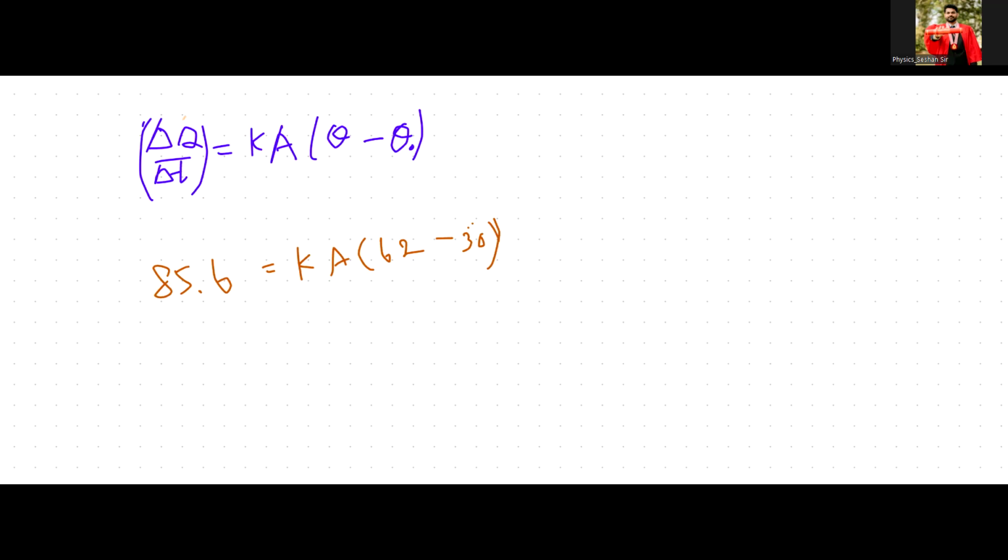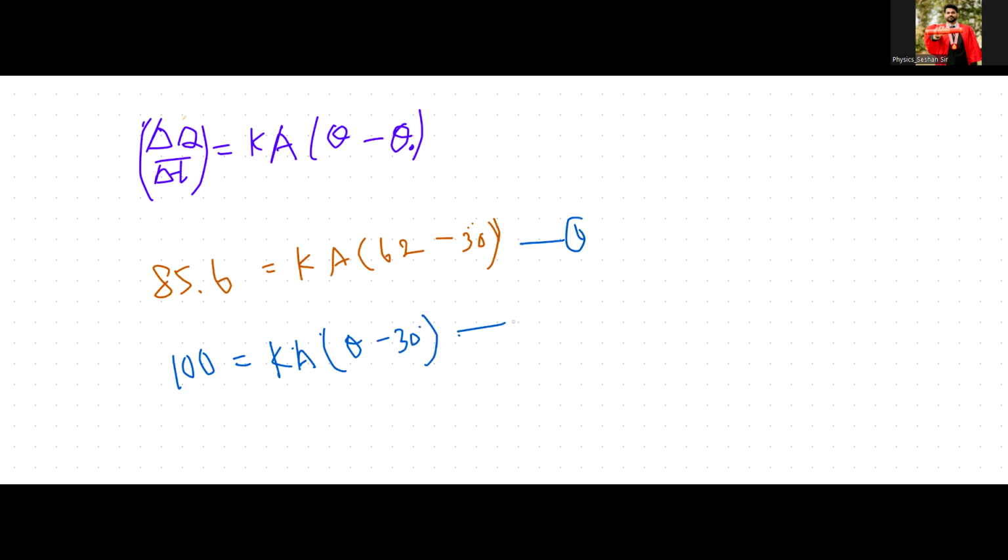So instead of delta Q over delta T, I can put 100. So the total heat lost to the surrounding is equal to Ka times theta minus 30. The body temperature we don't know, but we know the surrounding temperature is 30. Let this be the first equation, and this is the second equation.